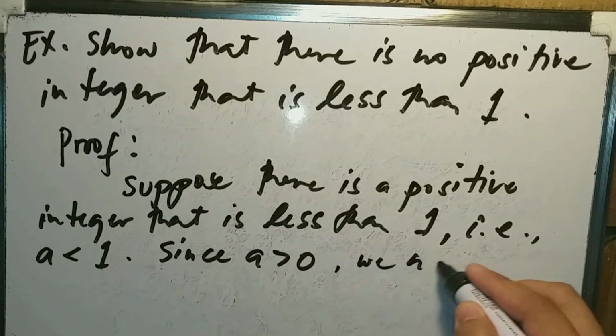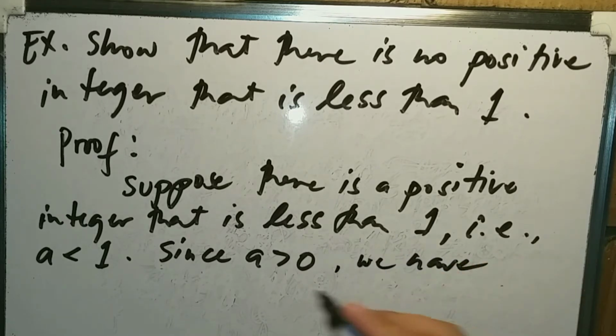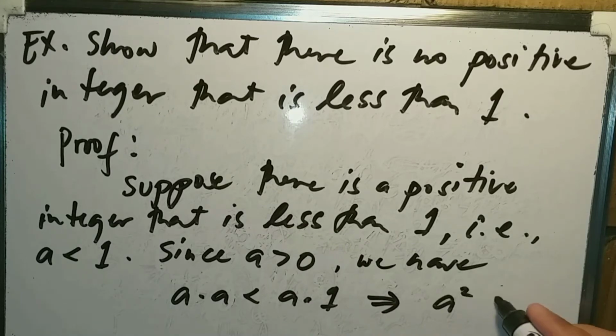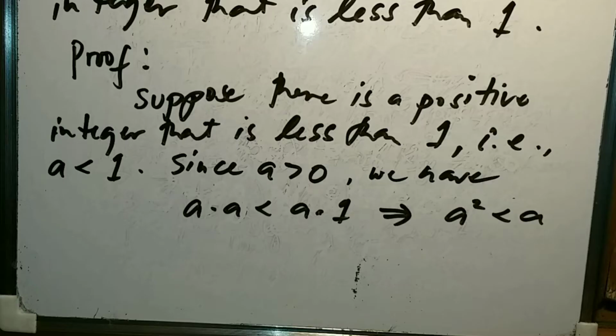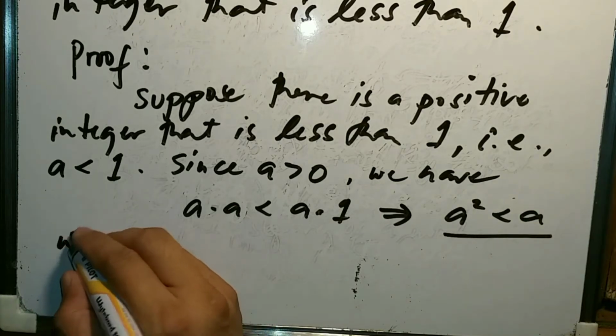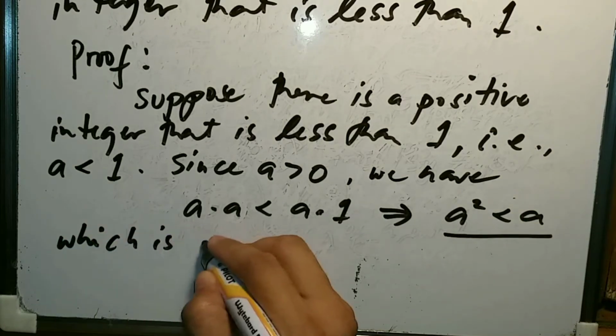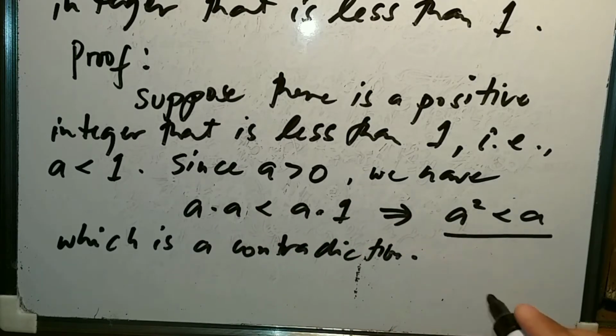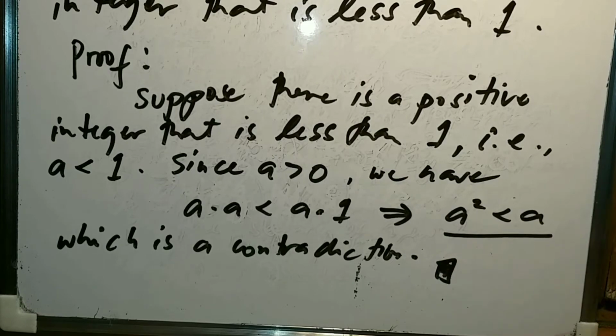So we have a times a less than a times 1, which simplifies to a squared less than a. Now, this statement is a contradiction. So we may end the proof.